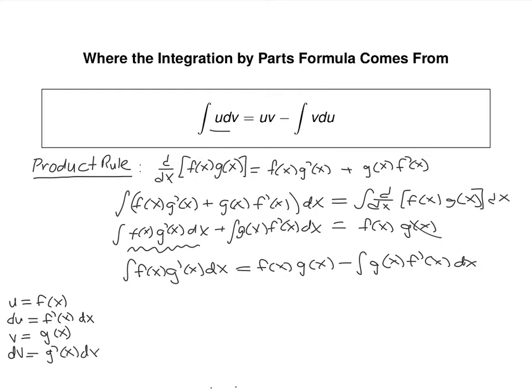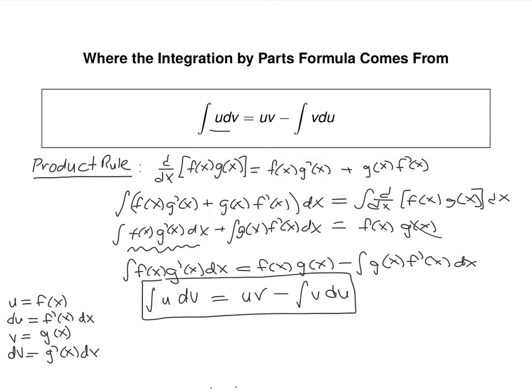Making those substitutions just for the notation, we have that the integral of u dv is equal to uv minus the integral of v du. This might not seem immediately useful at first, but it allows you to take your integrand and manipulate it into something else that is hopefully easier to evaluate.